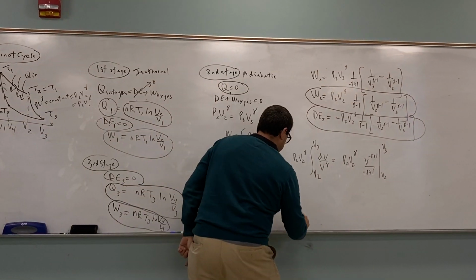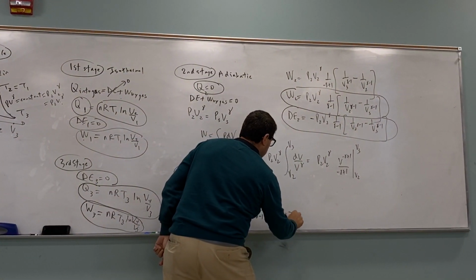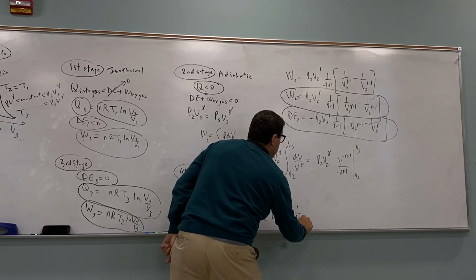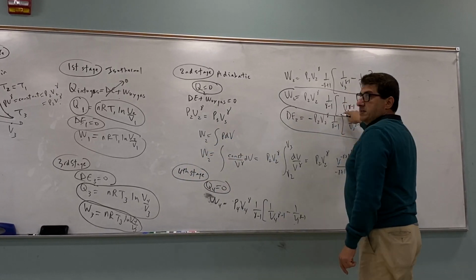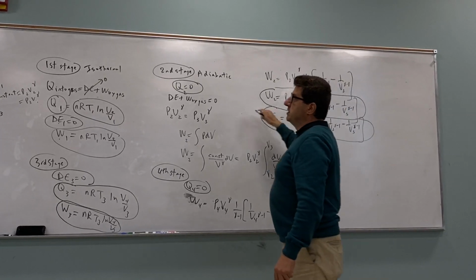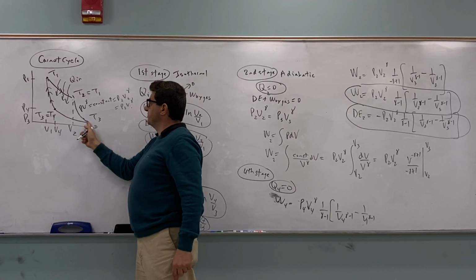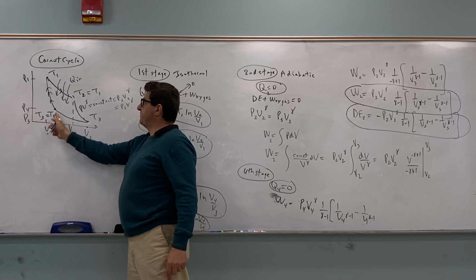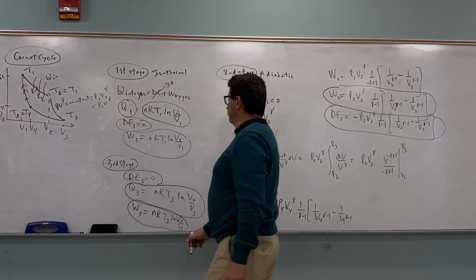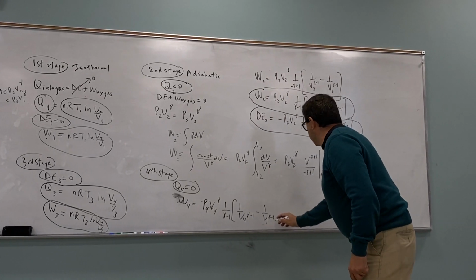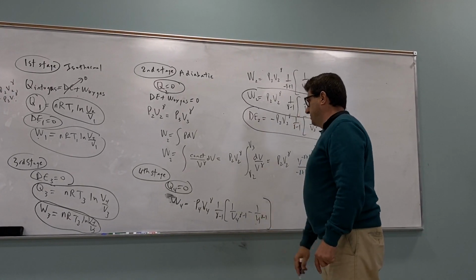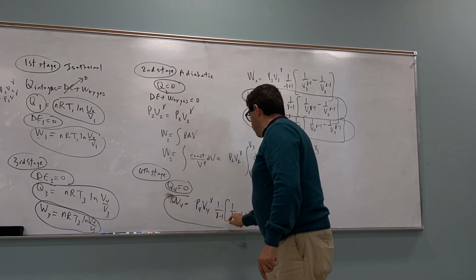So it's V4 to the gamma minus 1 minus V1. In other words, V2 is the beginning volume of when the adiabatic starts, to the ending volume. So here the beginning volume is V4 to the ending volume. Okay, so then that's it. And that's W4.